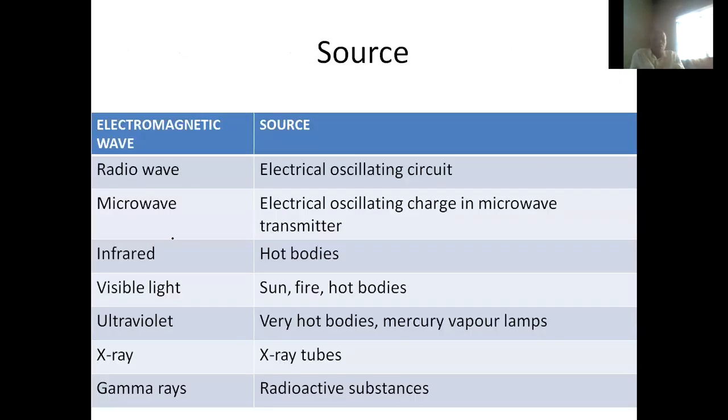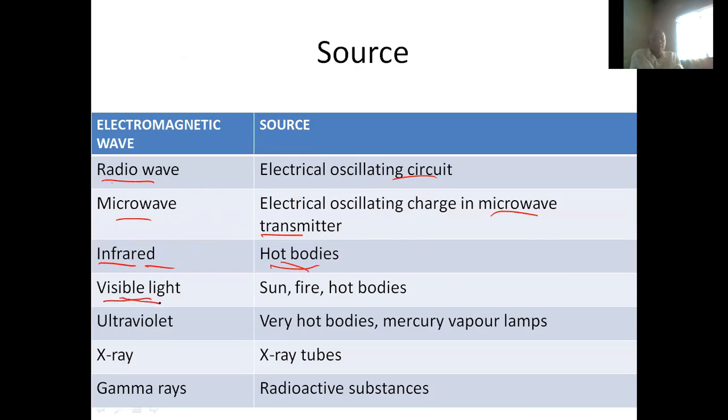It's important also to know the sources of these electromagnetic waves. For example, radio waves, their main source is the electrical oscillating circuit, while microwaves are produced by an oscillating charge in a microwave transmitter. Then the infrared is produced by hot bodies.